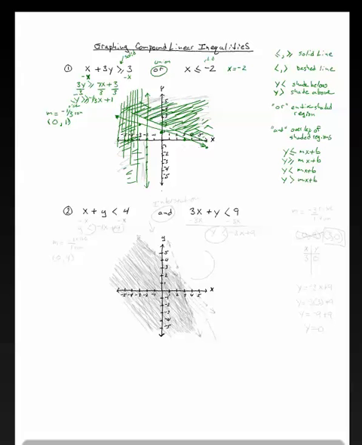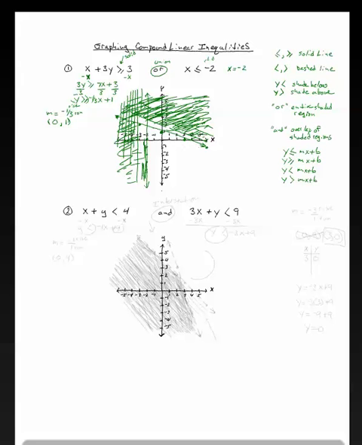But I want absolutely everything. Alright, that's probably good enough. So any point that lies in that shaded region is going to satisfy one inequality or the other. And that's what we wanted to state.